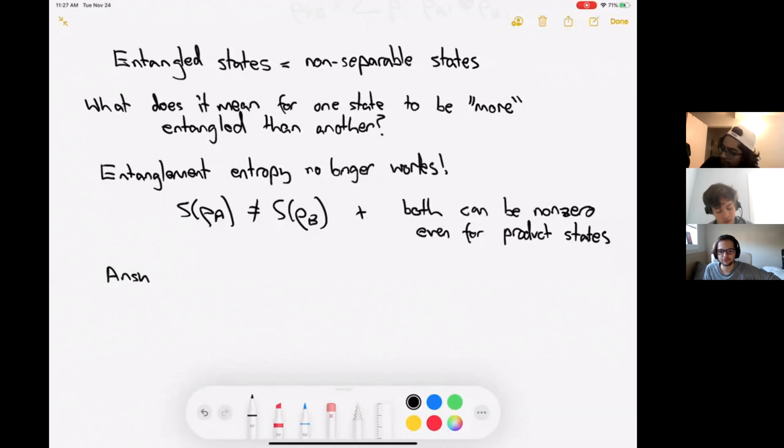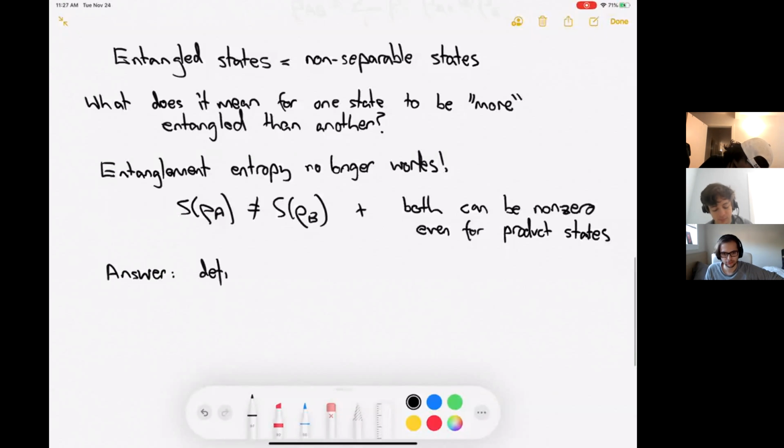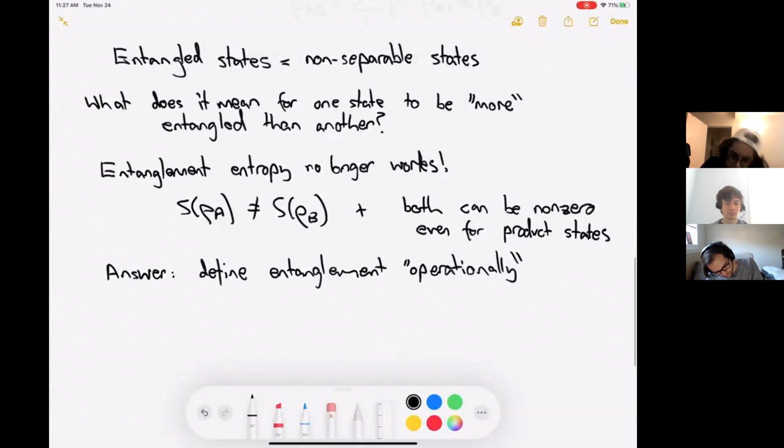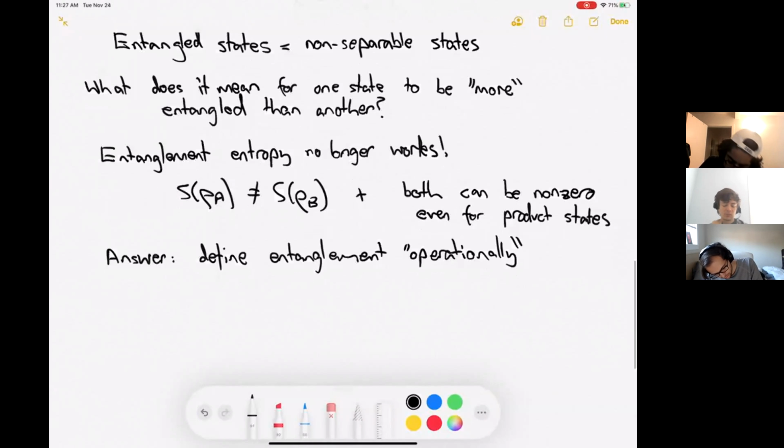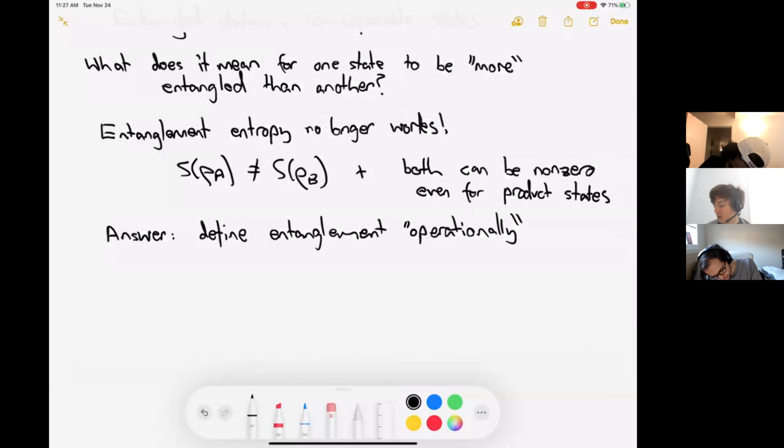So that's what we're going to try and do. Going to try and define entanglement operationally. Okay. So this will hopefully become clearer in a minute what I'm going to mean by this.